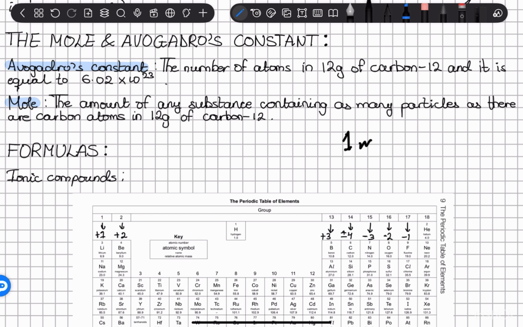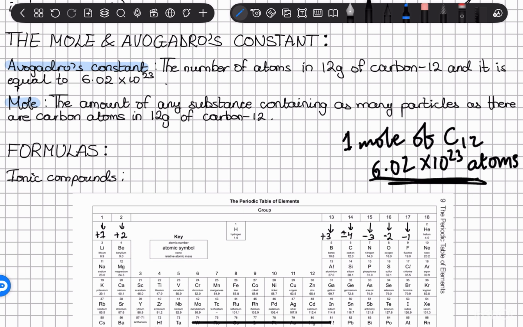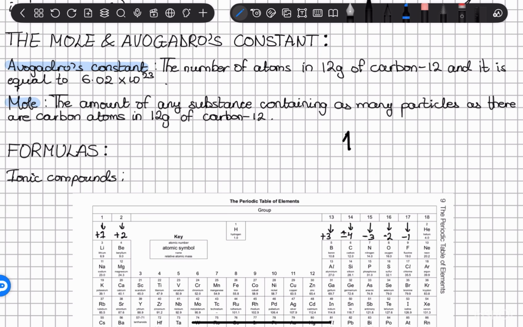So like 1 mole of carbon 12, it has 6.02 times 10 to the power 23 atoms present. So that means 12 grams of carbon 12 has this many atoms present. That's essentially what this whole concept means. It may sound confusing, but it gets easier.